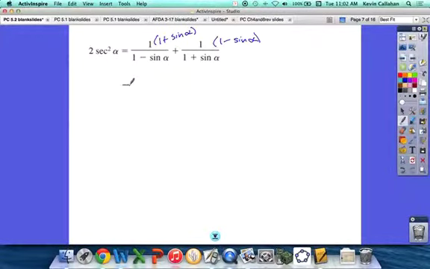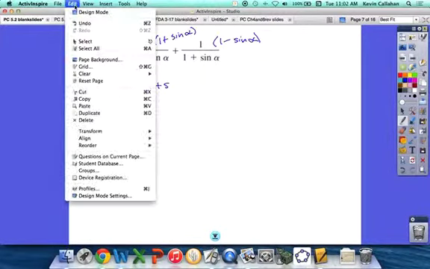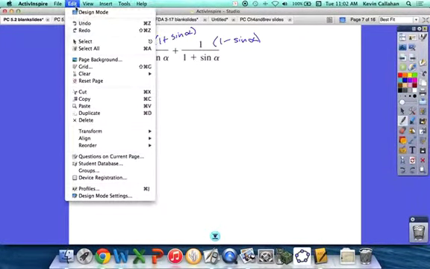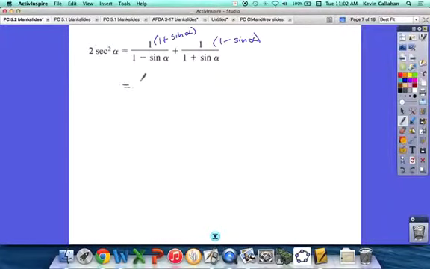So in the end, it would look like this. 1 plus sine alpha plus 1 minus sine alpha, divided by 1 minus sine alpha, 1 plus sine alpha.